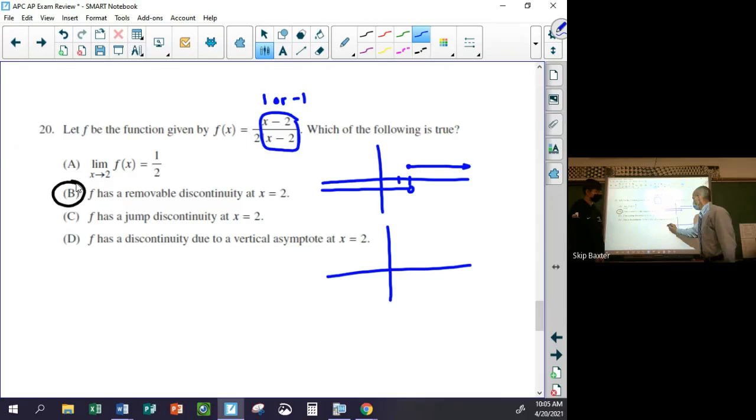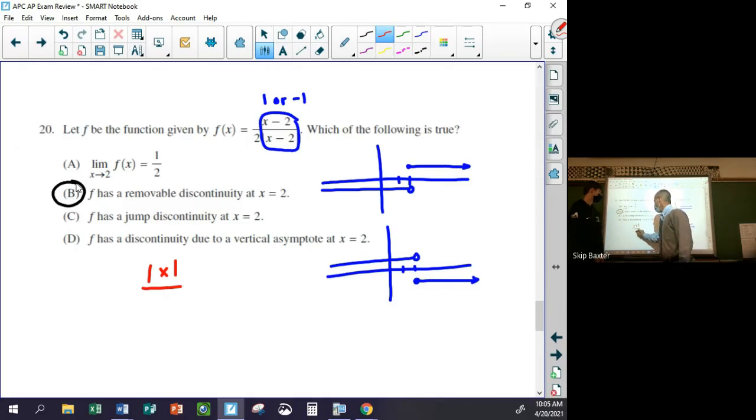I'd have to do a little more analysis on it, but I don't need to waste my time. Either way, it's a jump for sure. Does that make sense? Whenever you have absolute value of x over x, or x over absolute value of x, it's either 1 or negative 1.